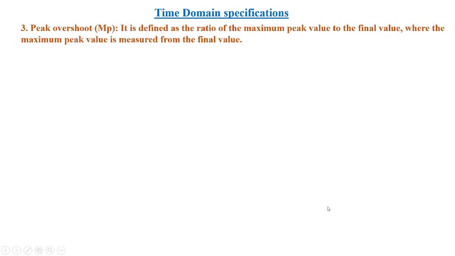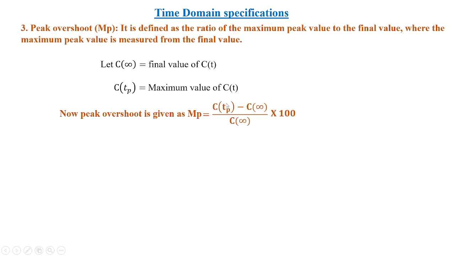Then the peak overshoot value is defined as the ratio of the maximum value to the final value, where the maximum peak value is measured from the final value. So let us take C of infinity as the final value of C of t, and C of tp as the maximum value of C of t. Now according to the definition of peak overshoot, we are going to get C of tp minus C infinity by C infinity into 100.